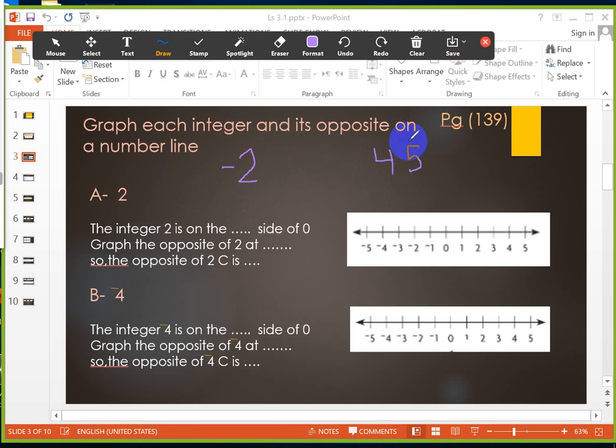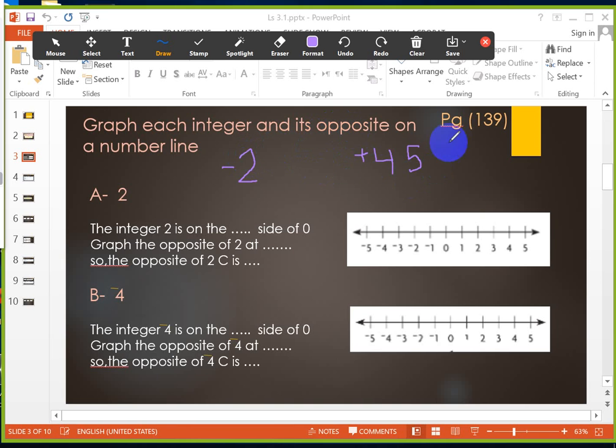Why here didn't I put the plus? Because in positive numbers it's okay if I don't put a positive sign or plus sign. But in negative you have to put the sign.